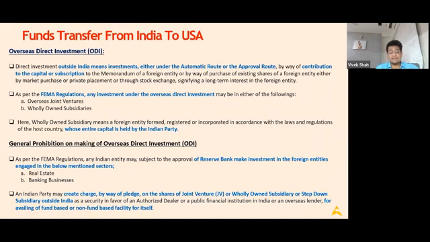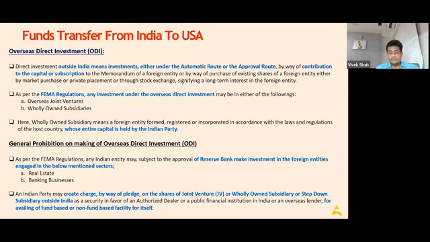Any Indian citizen individual through the LRS scheme can remit a maximum of $250,000 in a financial year to any foreign country, including the US. So whenever you are creating the LLC or INC, make sure that you properly comply with the FEMA regulation.